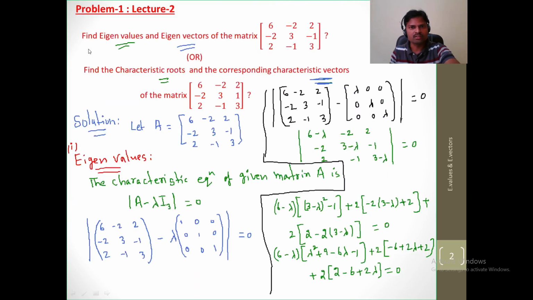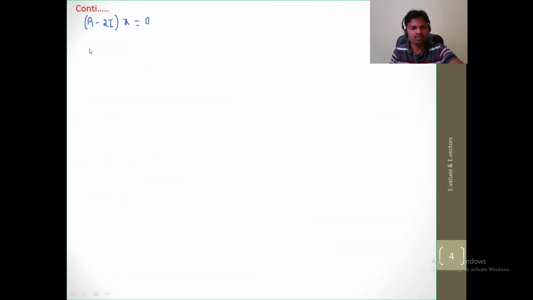So the result: A minus 2I, because lambda is equal to 2, into x is equal to null matrix. So first, what is A? We have to write it. Go back and look at A. 6 minus 2, 2.